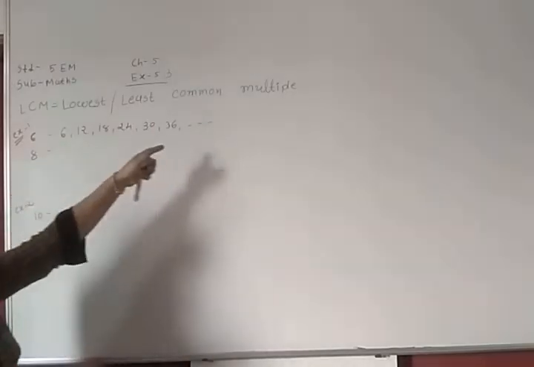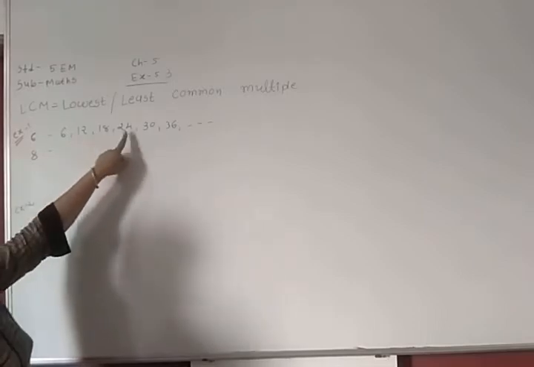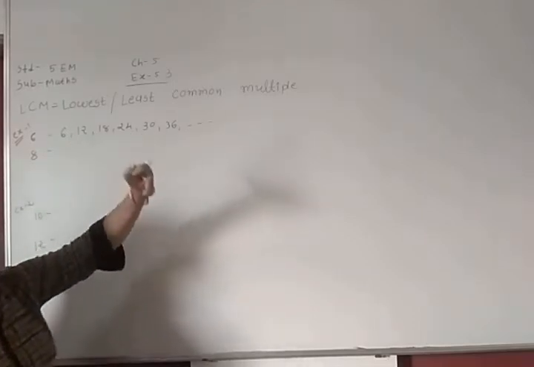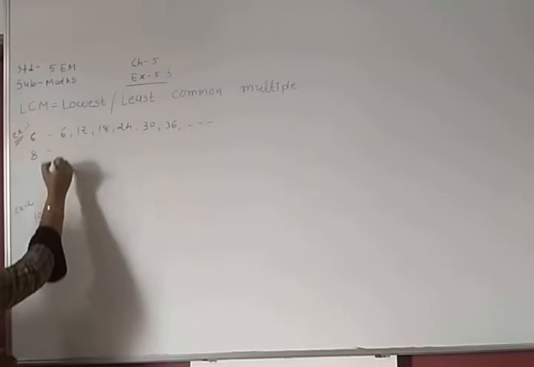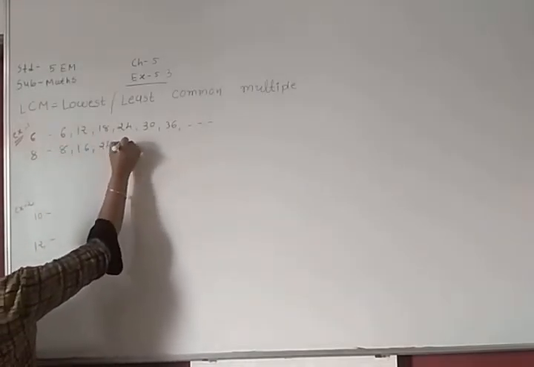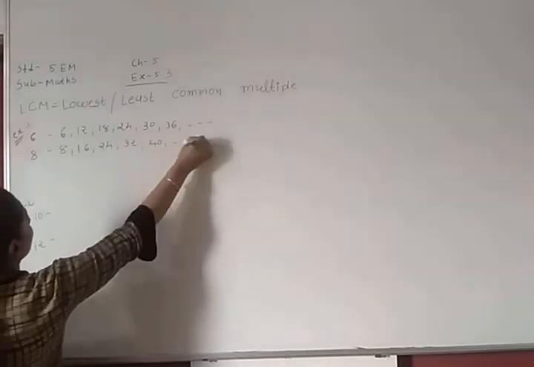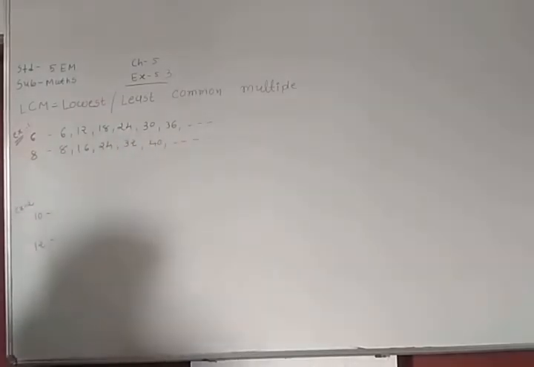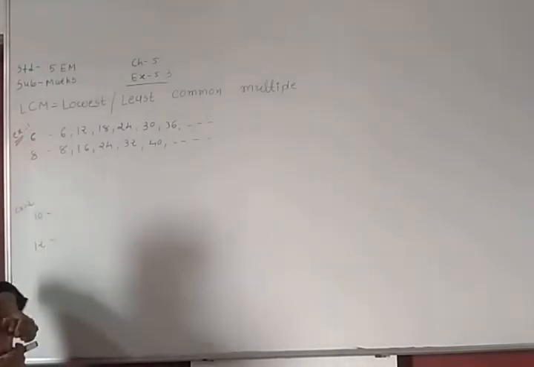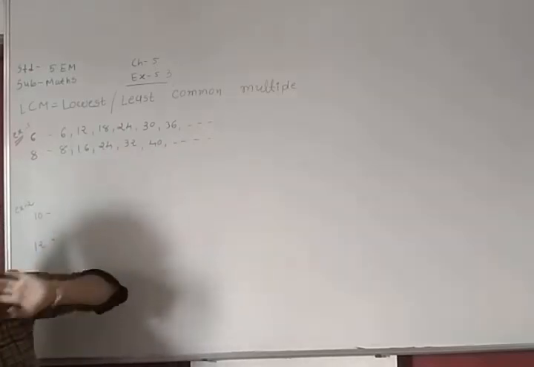But actually it is the table only. 6 ones are 6, 2s are 12, 3s are 18, 4s are 24, 5s are 30, like that. હવે 8 નું ટેબલ લખીએ. And so on. Now all these are the multiples. These are the multiples of 6 and these are the multiples of 8.